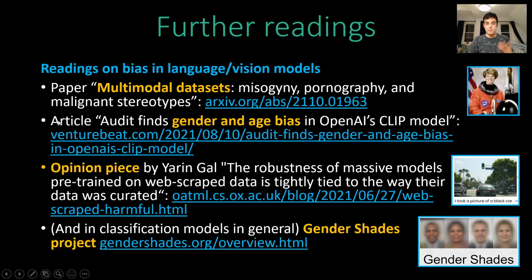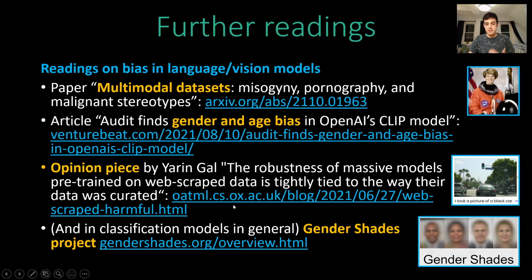Then there is a slightly more readable article on VentureBeat. There is a slightly more academic, on the other hand, opinion piece by Yarin Gal, a researcher at Oxford, who works on the uncertainty of models and how that helps or hinders the applicability of the models in real-world scenarios, for example in autonomous driving.